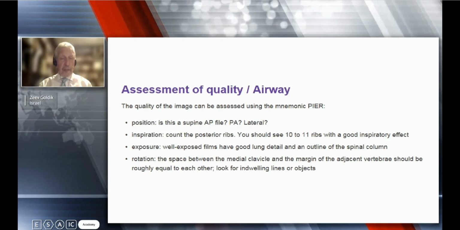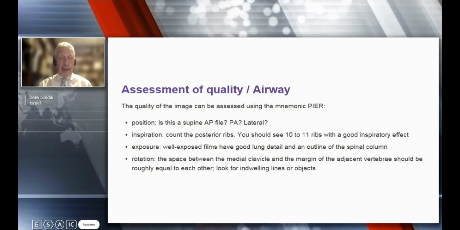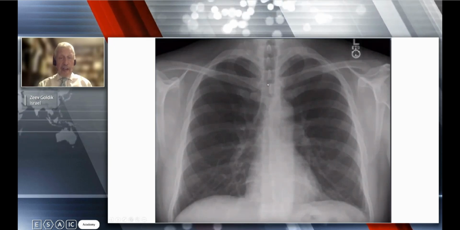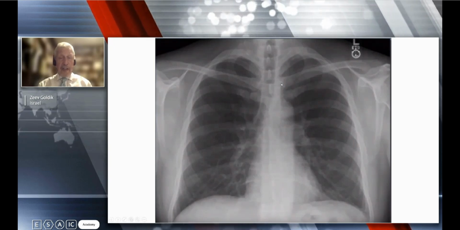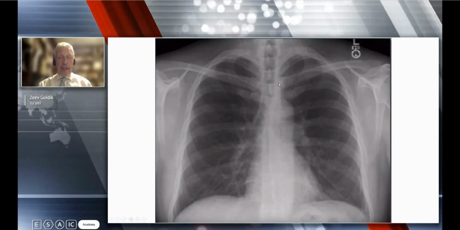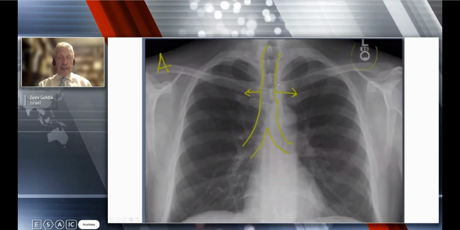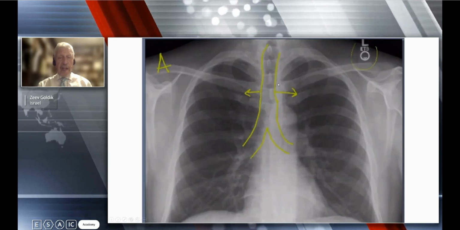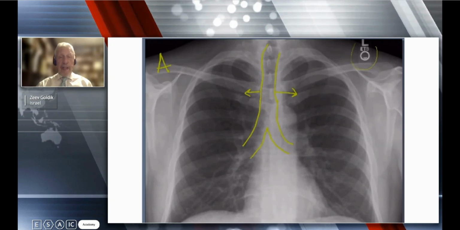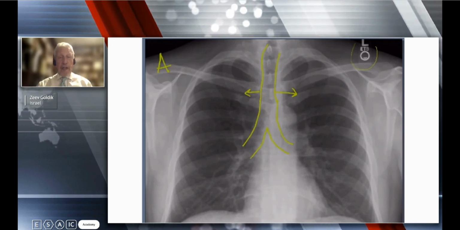Regarding rotation, the space between the medial clavicle and the margin of the adjacent vertebra tells us whether the distance is the same on both sides, which means that this chest X-ray is taken in a good symmetric position.